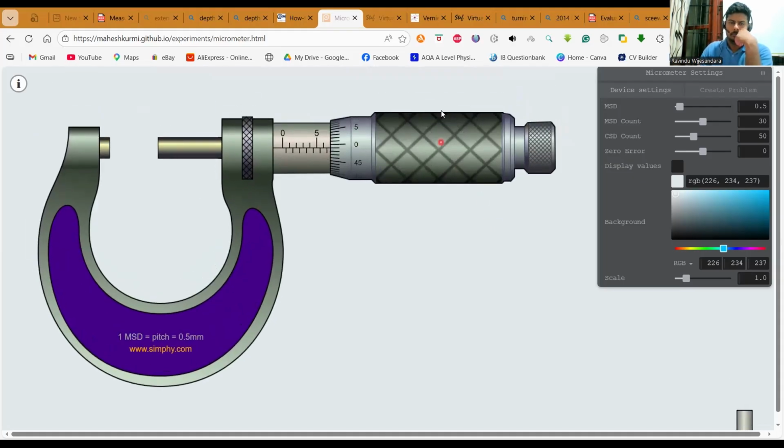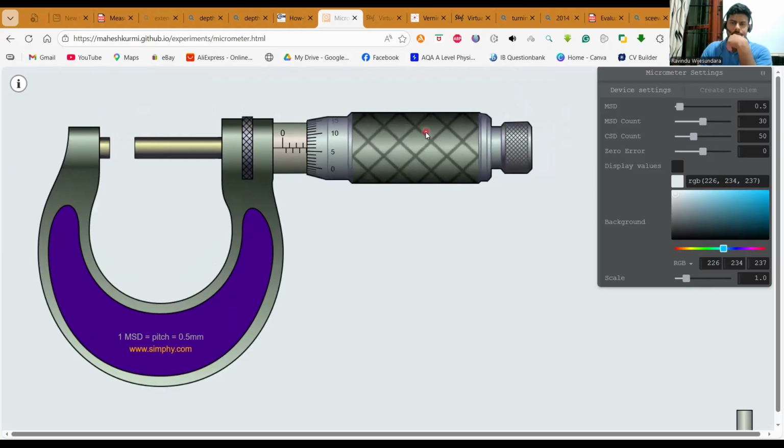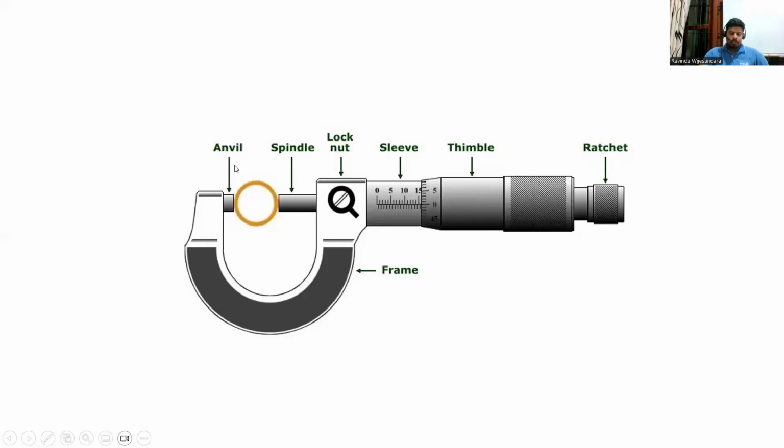So you keep the object here and then you tighten it from here. If I show a place where the measurement is taken, it is something like this. You can see this is a ring-like structure.